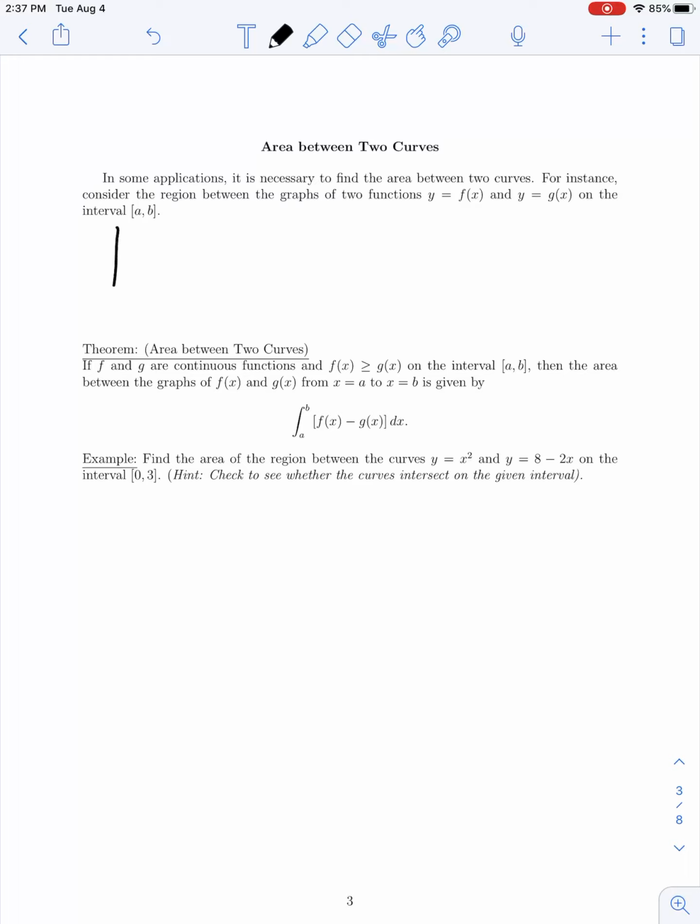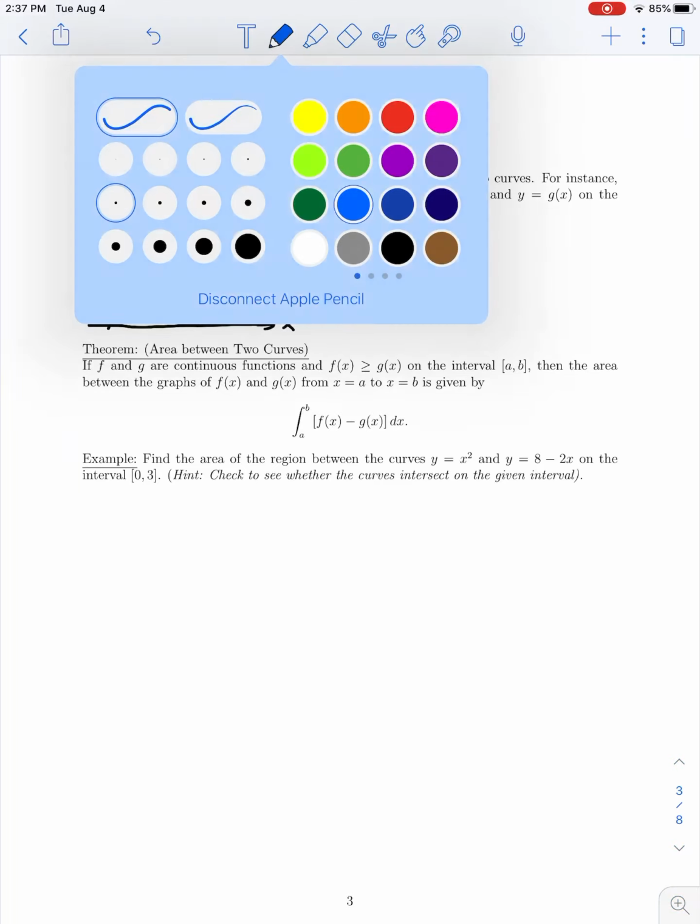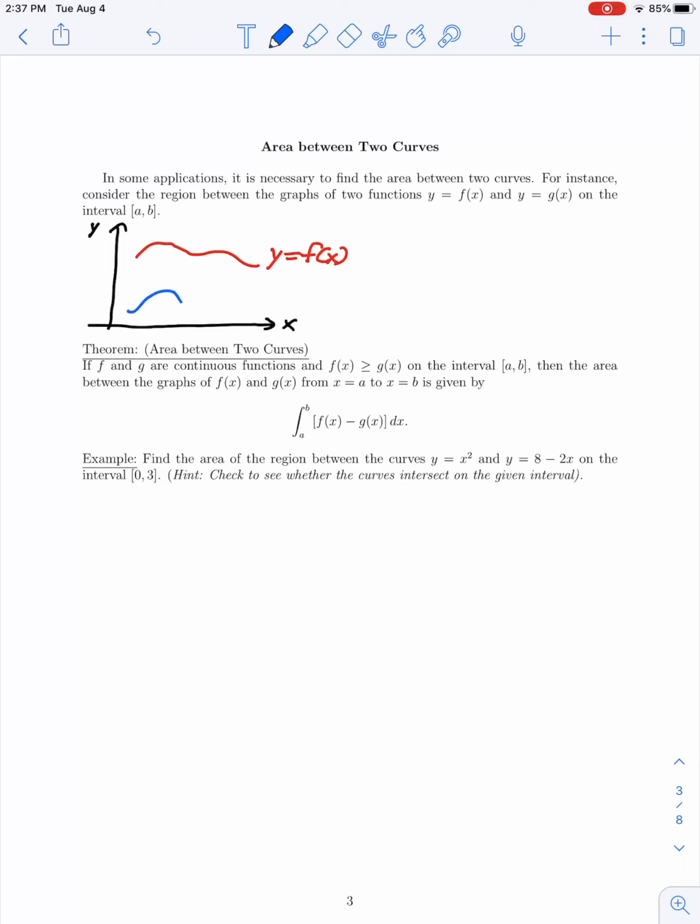So here, suppose that we have, maybe just in the first quadrant of the xy plane, the graphs of two functions. Let's say y is f of x and some other curve, which is the graph of a function y equals g of x.